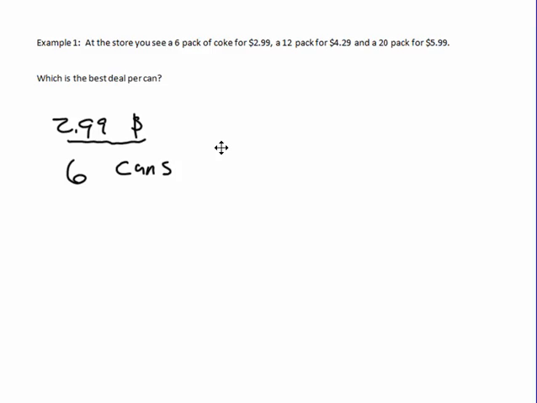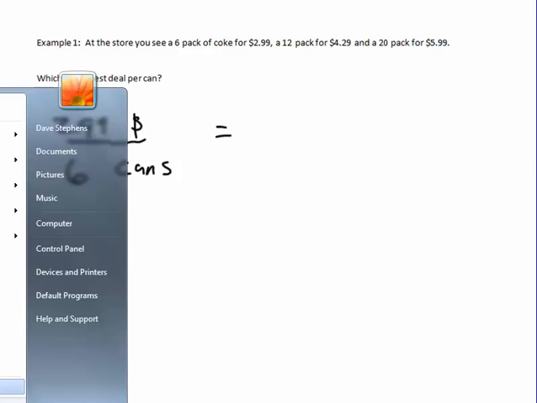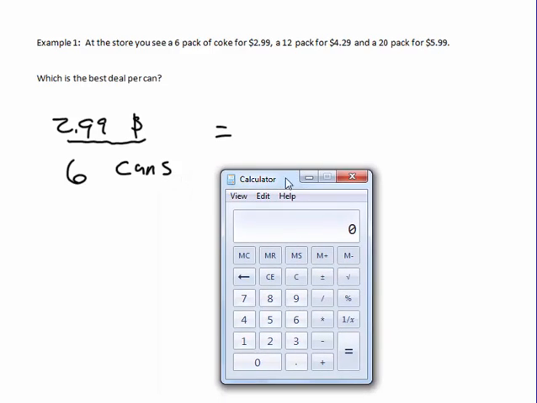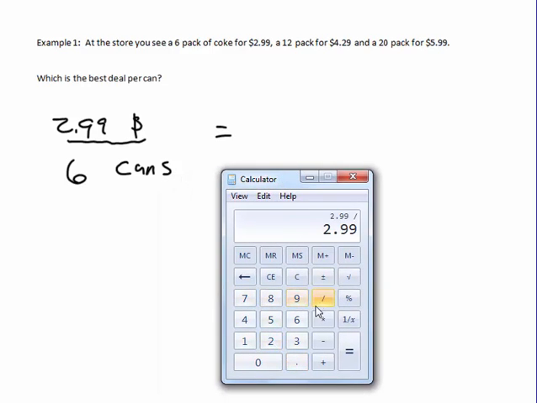Now, $2.99 per 6 cans. So if I want this to just be 1 can, I could get my trusty handy dandy Mr. Calculator. All right, I can get my calculator out, and I could say 2.99 divided by 6, and that gives me 0.4983 repeating.